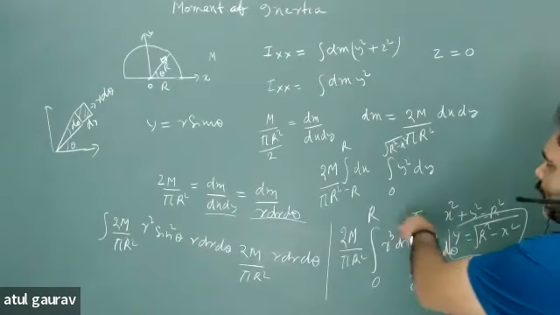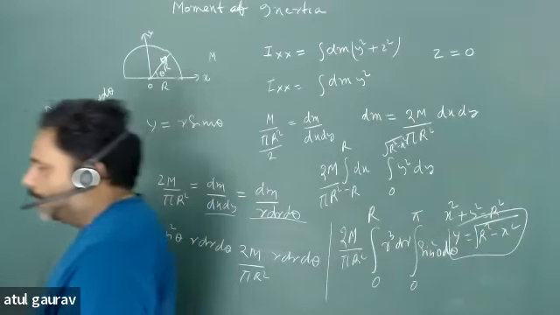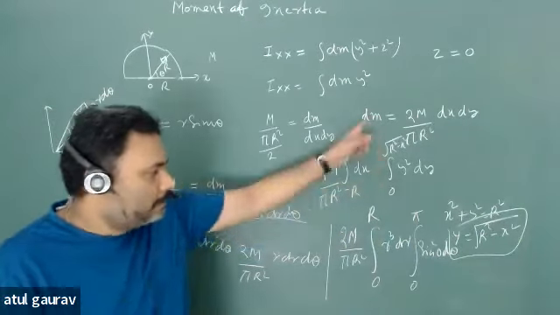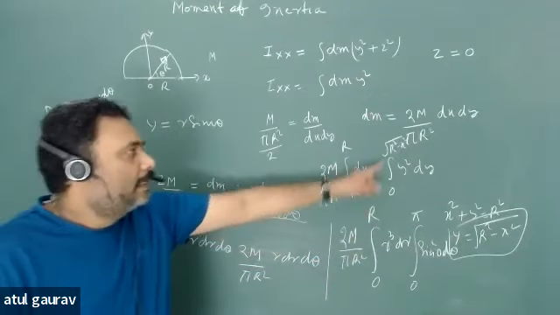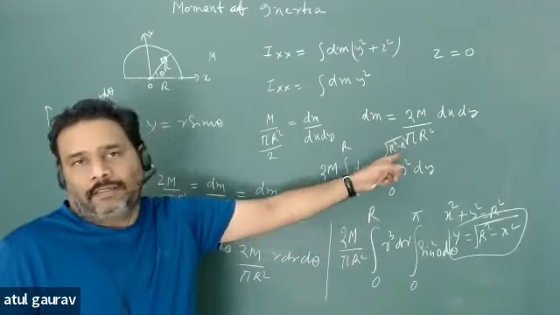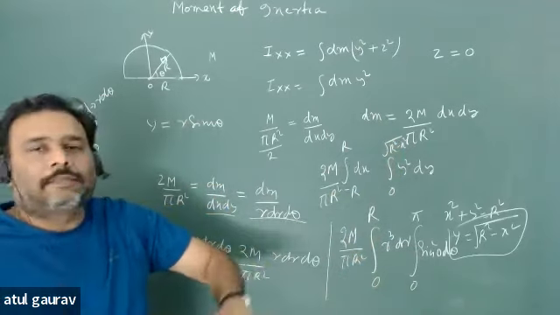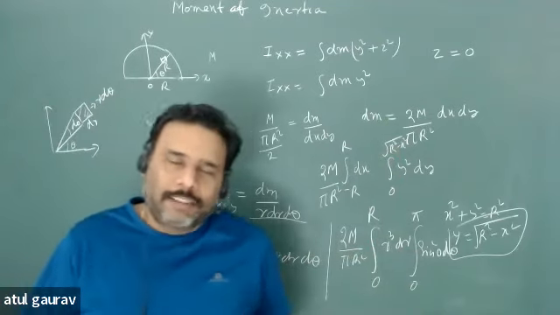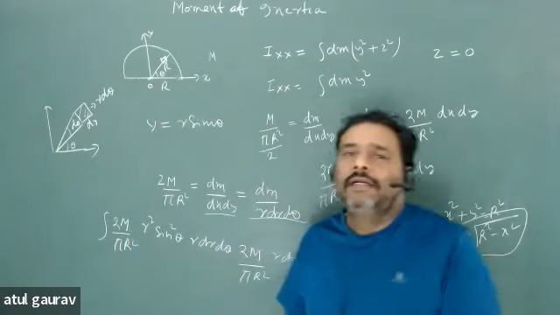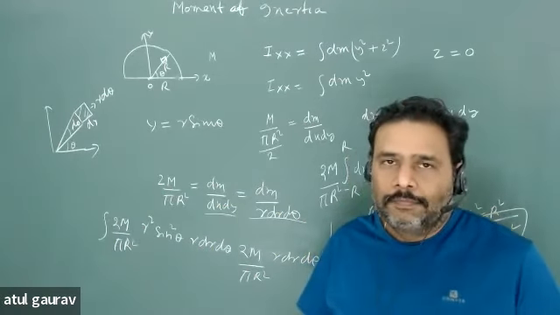And now you can see the limit is constant now. Ho gaya na? The difference between this and this, you can see, if we are changing the coordinate, is that here the limit is itself a variable, but here we have chosen our coordinate system so beautifully that my limit is constant. And obviously when the limit is constant, it will create a little problem.